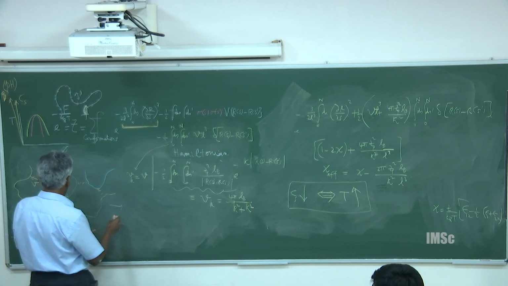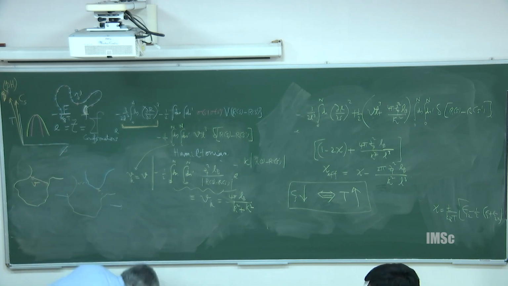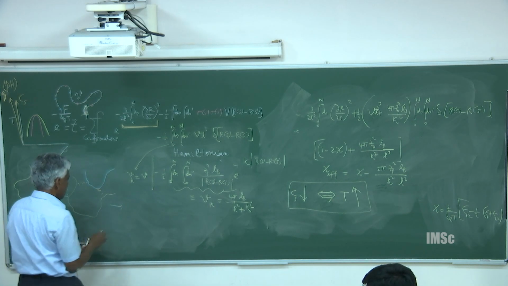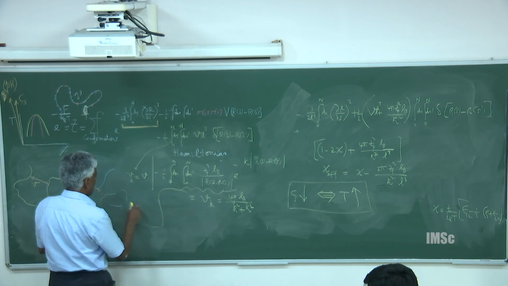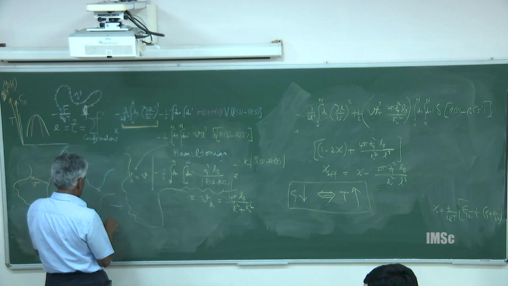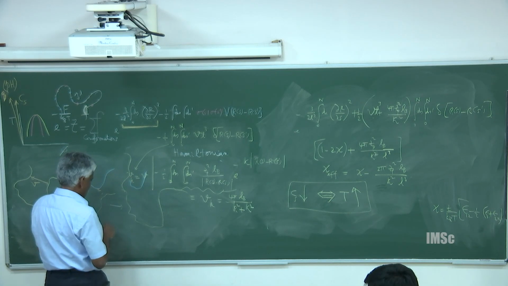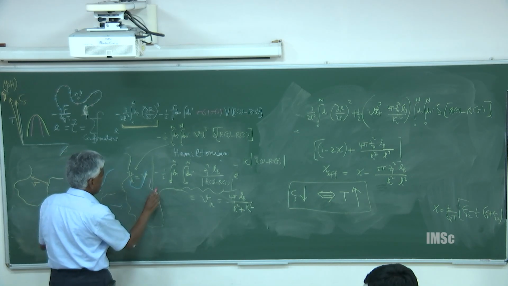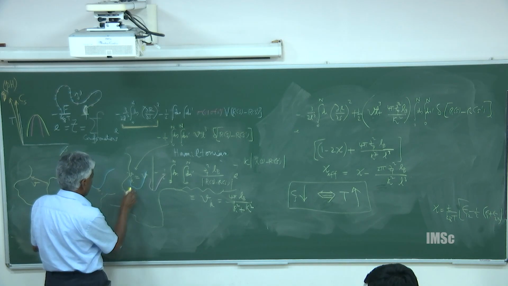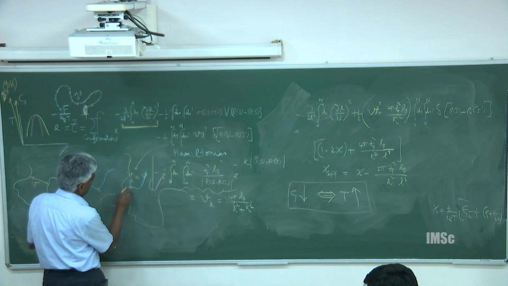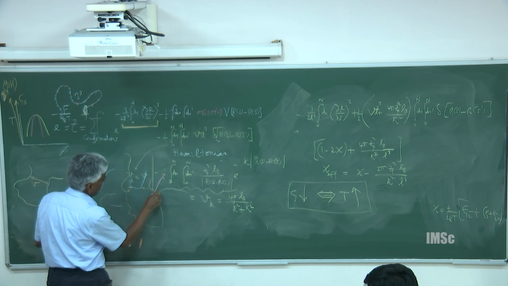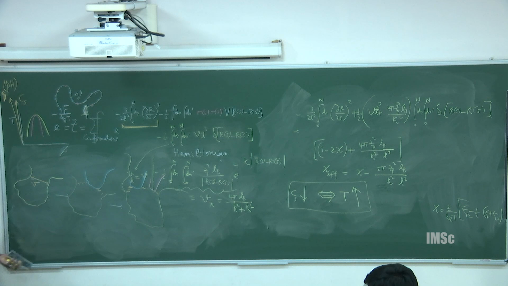For example, I draw a cartoon like this, and then a blue chain comes in here, and then another red chain comes in here, and so on and on.